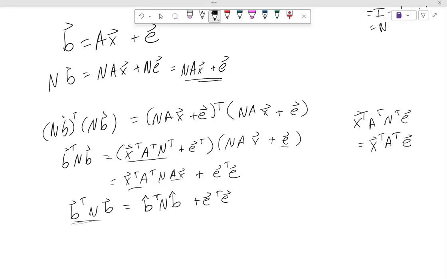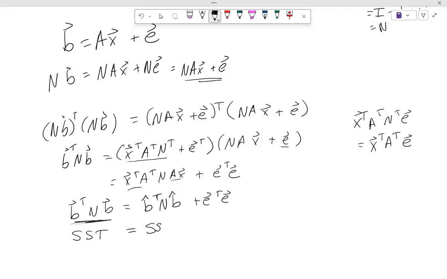So this is your total sum of squares, which a lot of times is abbreviated SST. This is the part of the error that's explained by the regression, the linear regression or least squares, right? Okay.